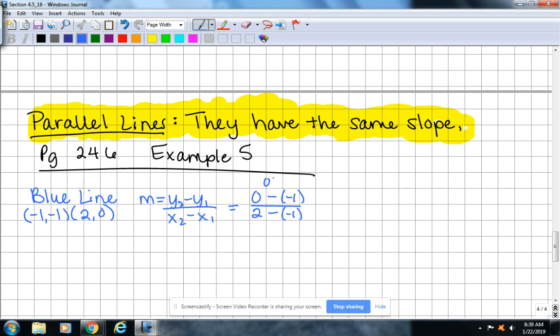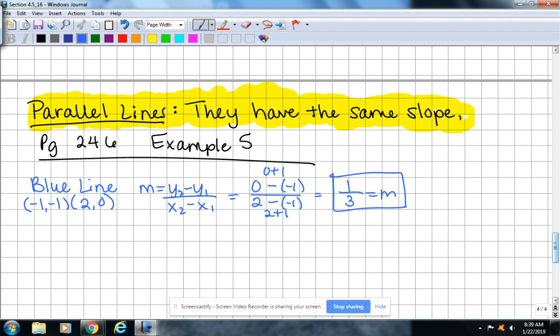So that makes 0 plus 1, which is 1. 2 minus -1 is 2 plus 1, which is 3. So the slope of the blue line is 1/3. Y'all agree? Now I'm going to do that for the other lines as well. Okay? So that's the only way you can make sure lines are parallel, is by checking their slopes.